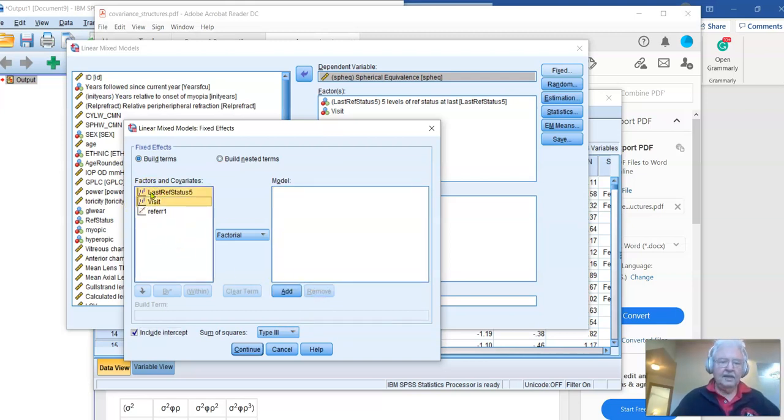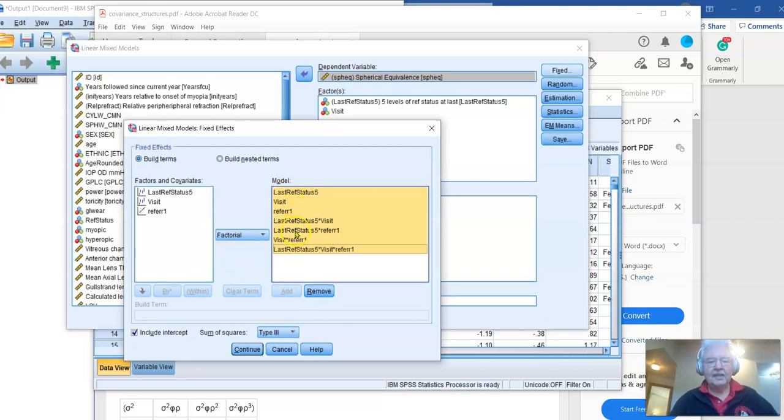Now, technically, first I should highlight everybody. If I don't, the interaction term with refractive error tells us if we've met the assumption of parallel slopes with analysis of covariance. So in analysis of covariance, you want the baseline, when you separate by groups, visit or refractive error, to be separated in a constant way.